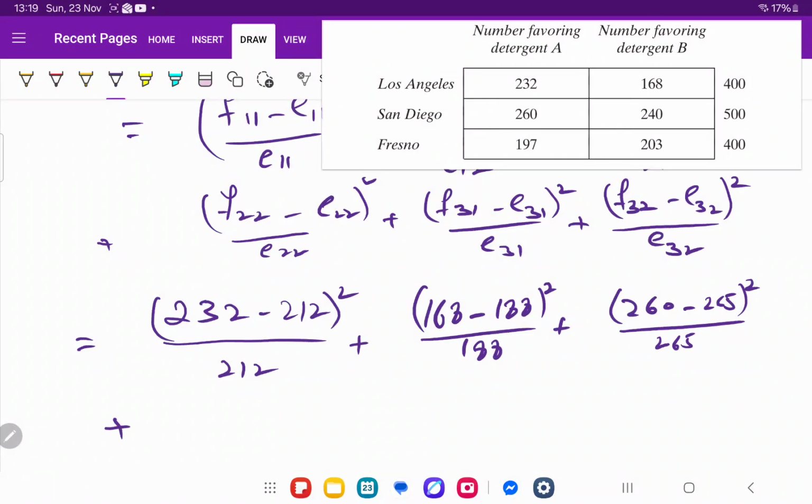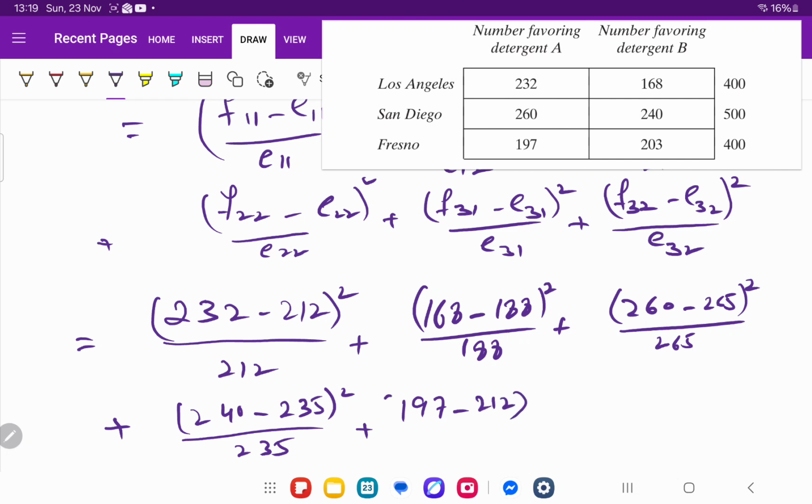Okay, and then plus F22 is 240 minus 235, square divided by 235, plus 197 minus 212 square over 212, plus 203 minus 188 square divided by 188.